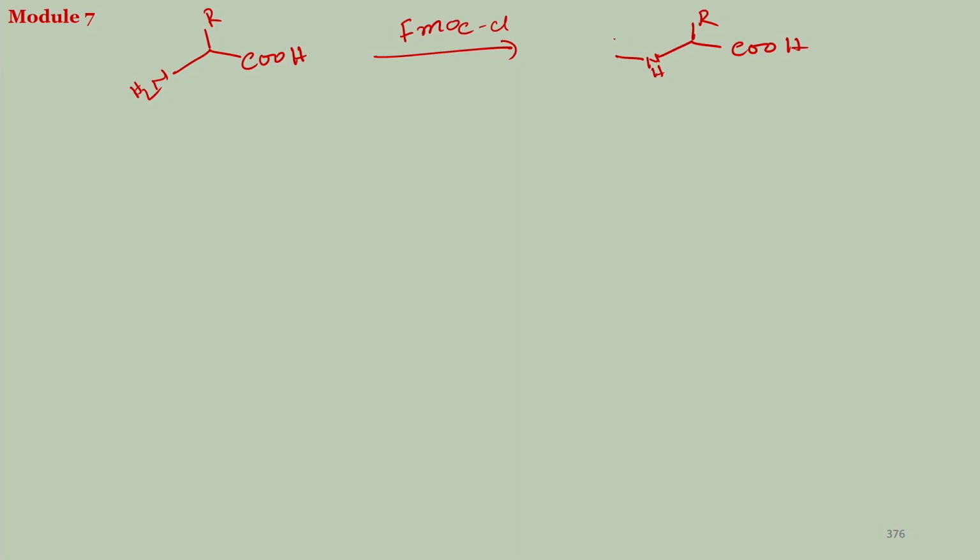What is the structure of Fmoc? CO, O, CH2, and here you have the rest, so this is your Fmoc part. This is the protection, and that actually inactivates the amine, the NH group.